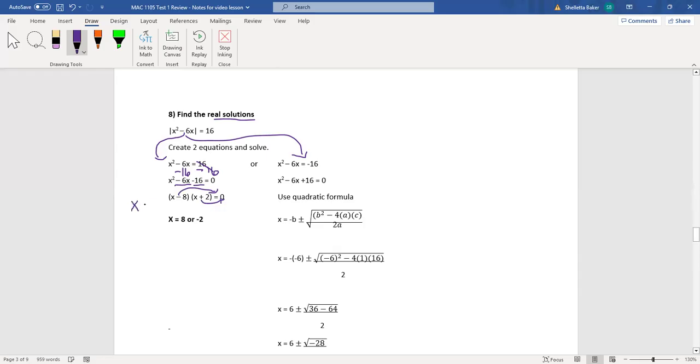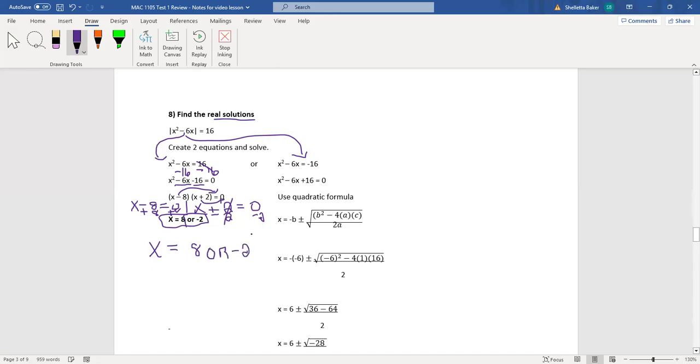So we have x minus 8 equals 0 or x plus 2 equals 0, and then we solve both those equations. We add 8 to both sides for the first equation, and we get x equals 8. For the second, we subtract 2 from both sides, so we get x equals negative 2. So our two solutions are x equals 8 or negative 2.